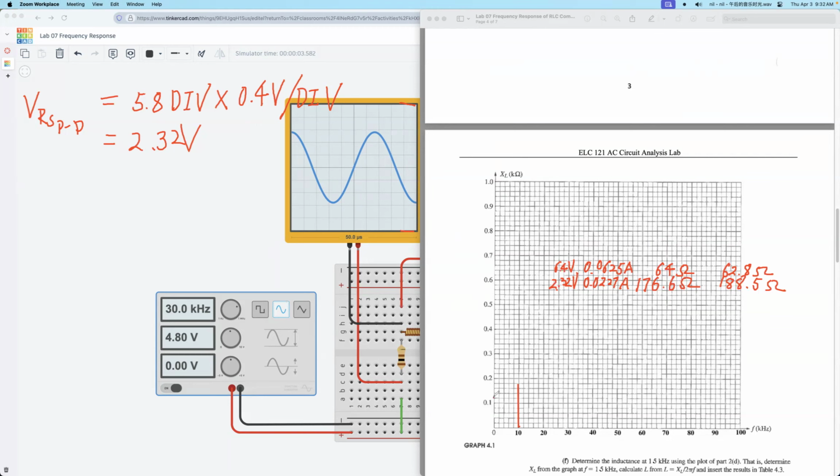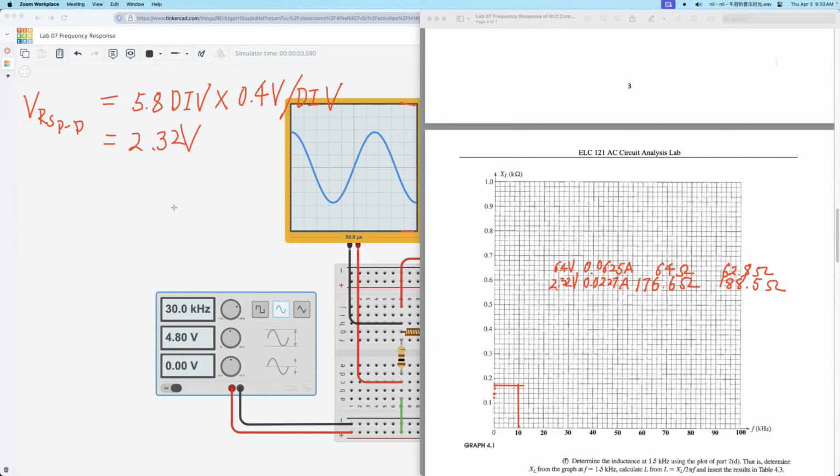So this is 100, 20, 40, 60, 80, then this is 80, 76, almost in the middle between these 2 points, right? So now we can draw a line. For you, it's better to use a ruler.